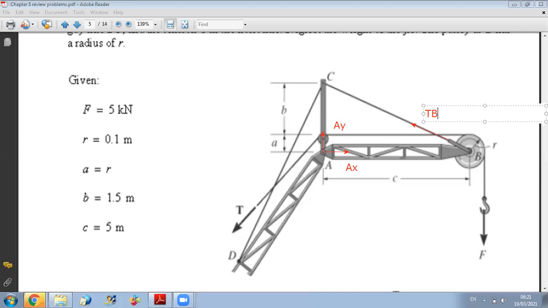By action reaction, I have seen that the effect of the system on the pulley is Bx, By. So the pulley will do on it an opposite reaction.